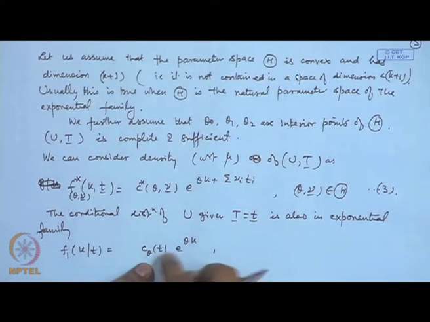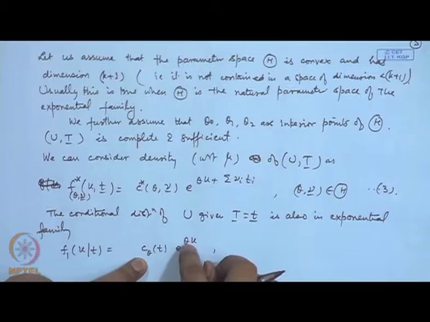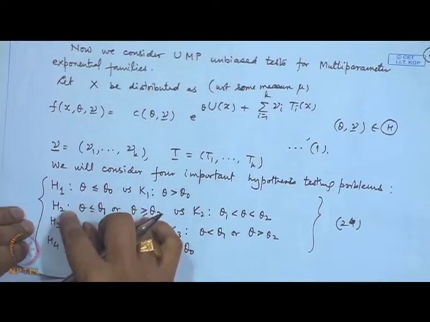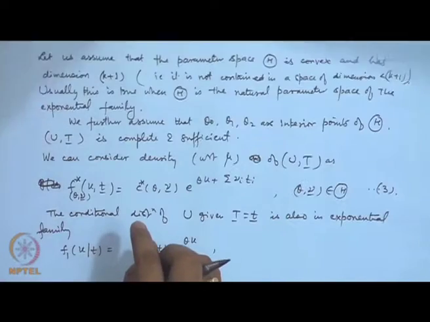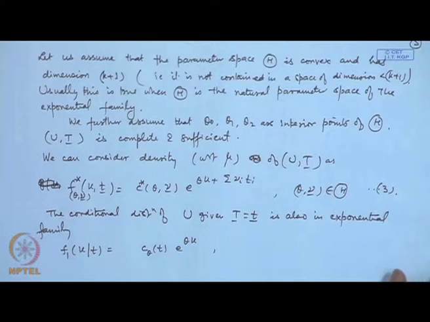Now, if you look at this, here t has become fixed. So, this is nothing but a one parameter exponential family. In the one parameter exponential family, if I am considering the tests H 1 and H 2, I have UMP tests, and for H 3 and H 4 I have UMP unbiased tests. Let me relate these things here.